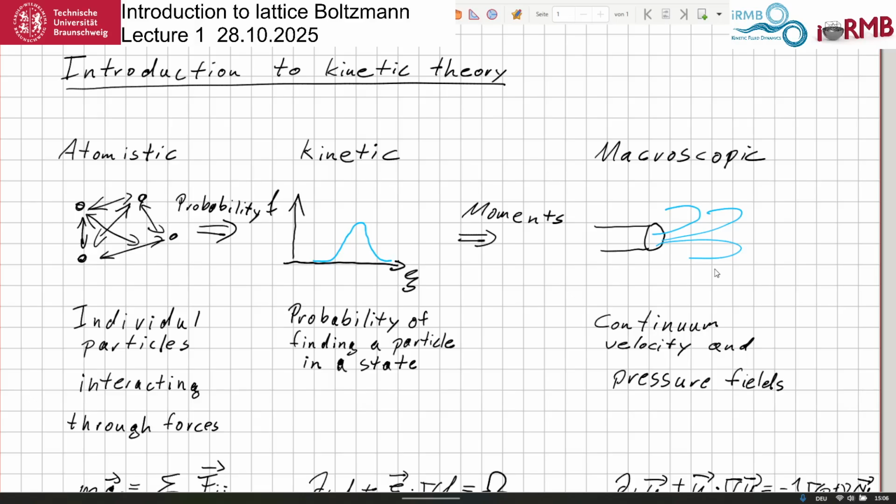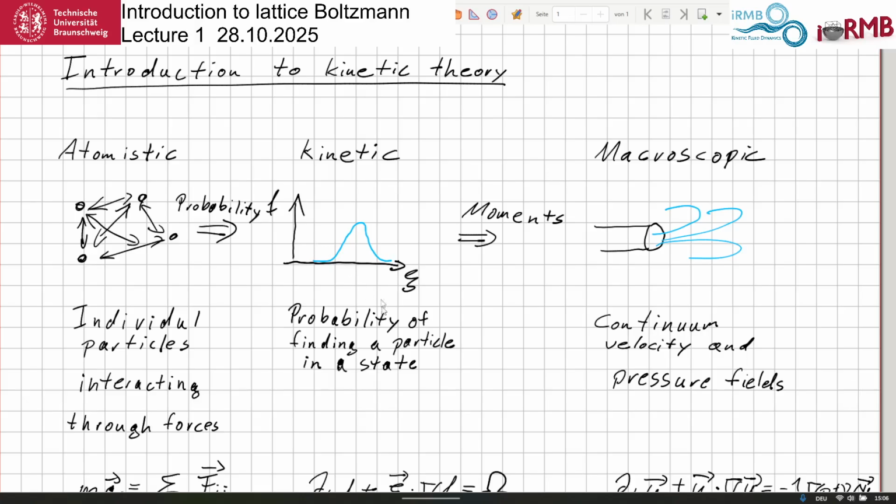This is something that should actually bother all of us. The thing that connects the two, the atomistic world and the macroscopic world, which in a sense are both true, is the kinetic theory.